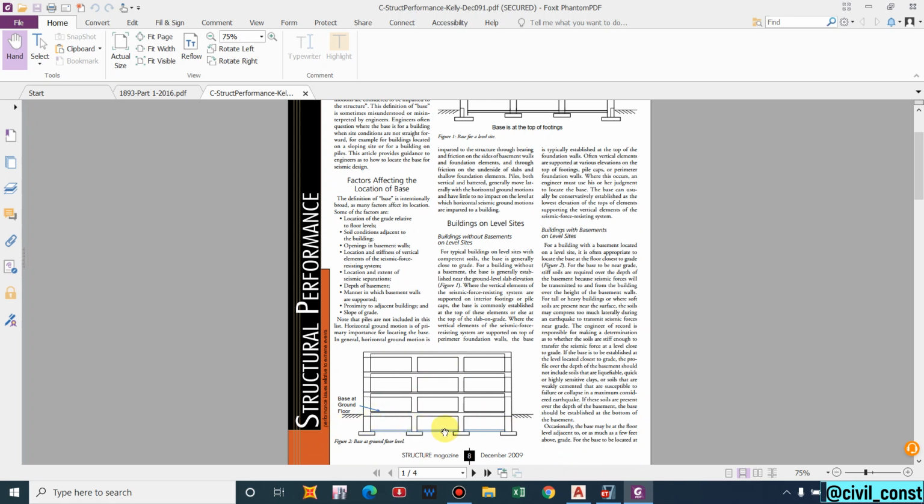We will not consider the foundation level. That means we will consider our building responsible for seismic movement from the base at ground floor, because the portion below is within the ground and there will not be any significant motion of this portion.